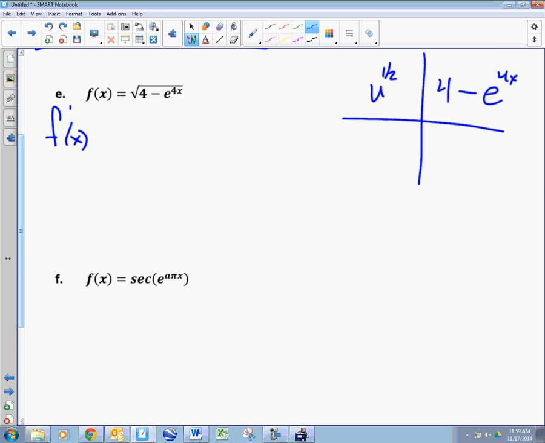And the derivative of u to the 1/2. And the derivative of 4, 0. So you know you're going to get a negative here. But remember that when you take the derivative of this, you just use the chain rule. What's the derivative of 4x? 4, and it's going to be negative, so negative 4. What's the derivative of e to the u?